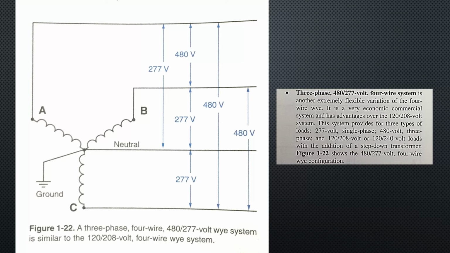This system provides for 3 types of loads: 277 volt single phase, 480 volt 3-phase, and the 120/208 volts or 120/240 volt loads, with the addition of a step-down transformer. Figure 1-22 shows the 480/277 volt 4-wire Y configuration.